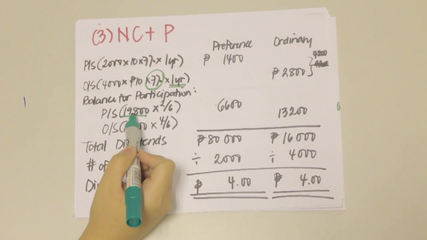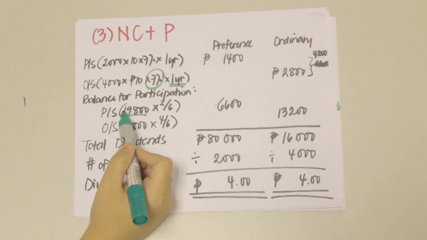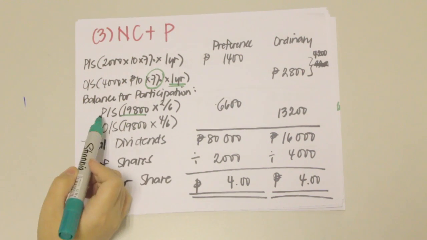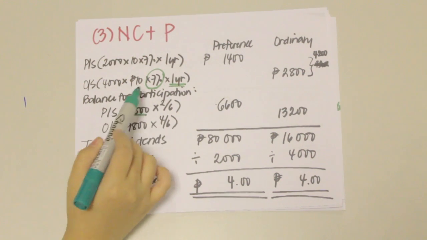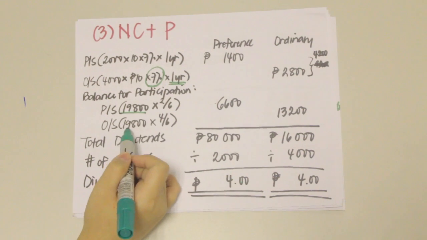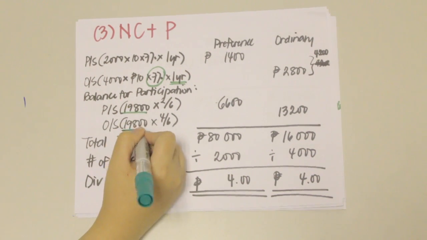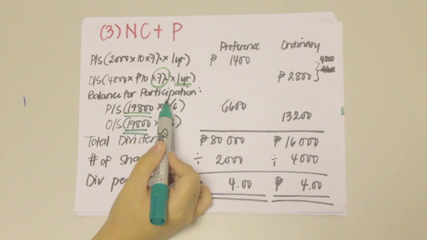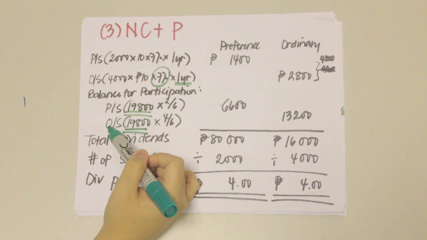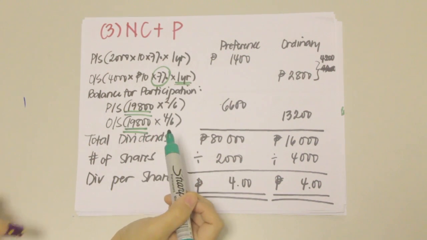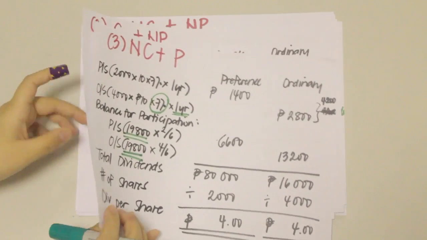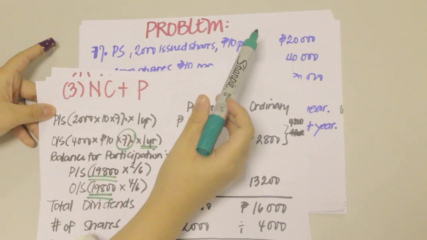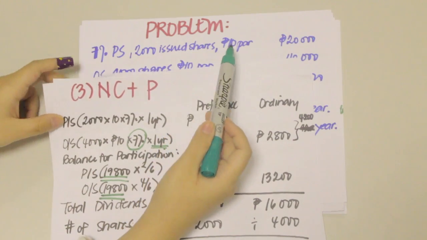This amount should be split among preference shares and ordinary shares. So we see that the preference shares is still participating in the net income that was supposed to be for ordinary shares. It would be divided between preference shares and ordinary shares according to the value, which is the number of shares multiplied by the par value.